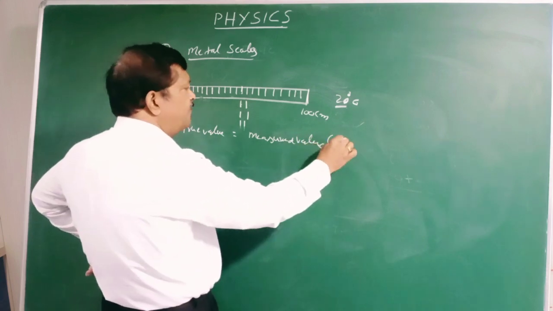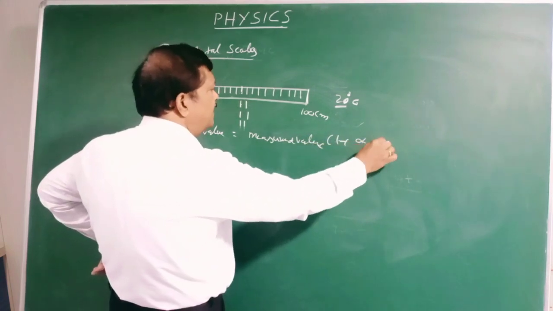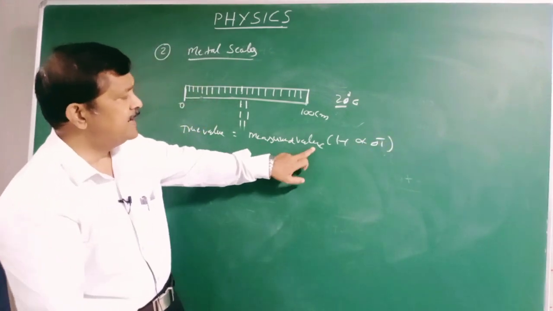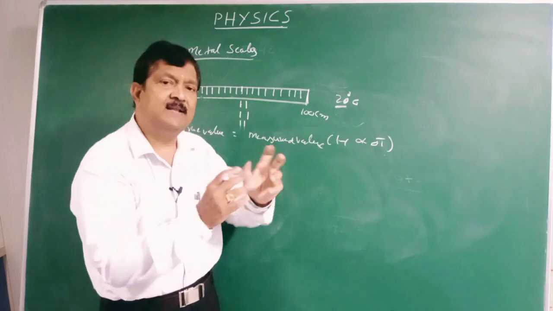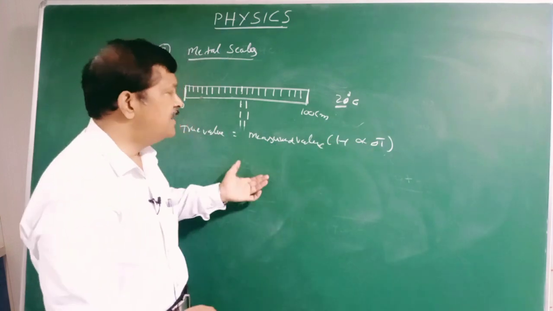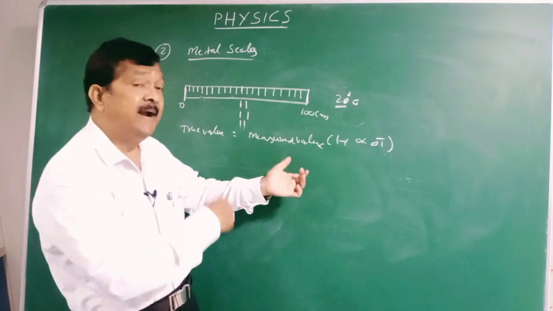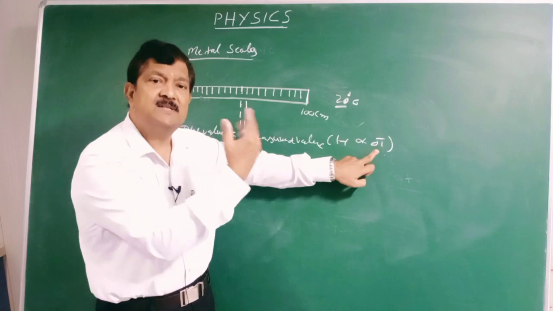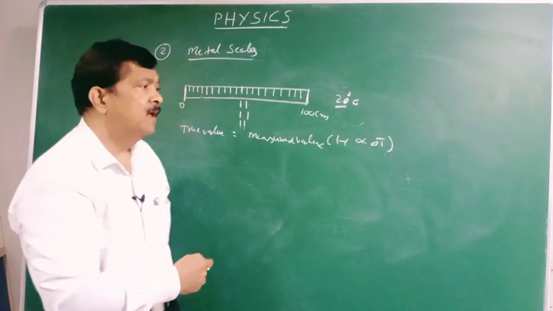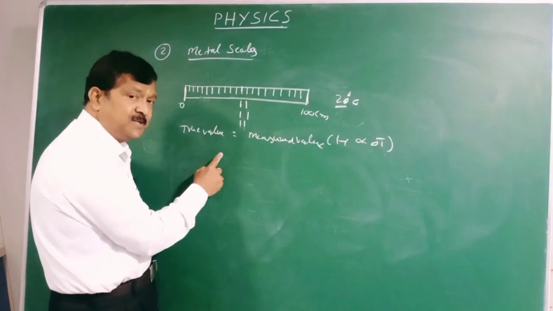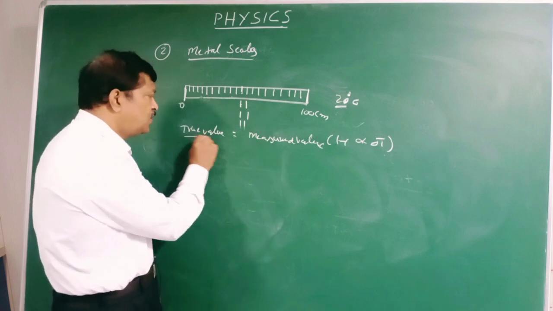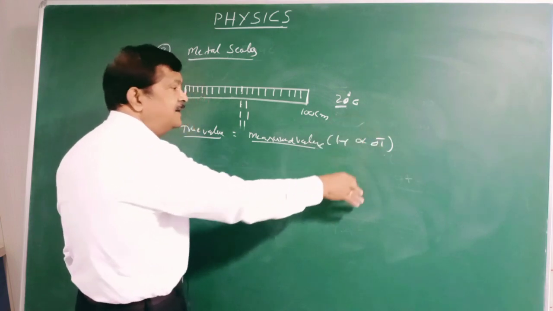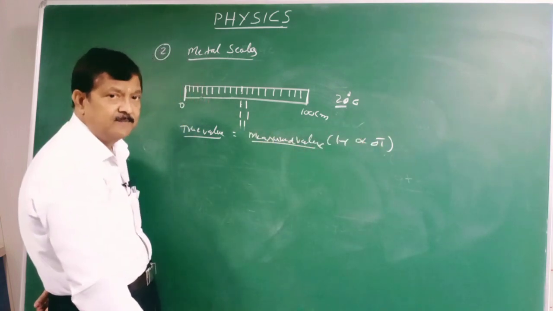So measured value of 1 plus alpha delta t. Because it is initially 1 meter, 1 into alpha into delta t is the expansion. So the measured value is 1 meter and the additional value is 1 meter into alpha into delta t, which represents the expansion. Therefore, at higher temperatures, the true value is given by measured value of 1 plus alpha delta t. That we have to explain.